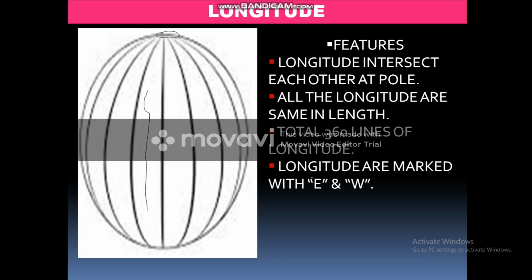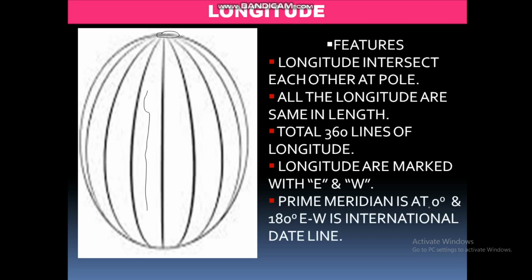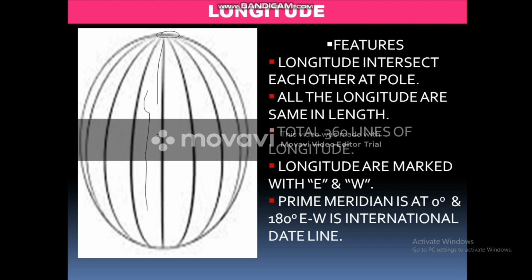Then longitudes are marked with the letters E and W. As we can see, those longitudes that fall in the eastern hemisphere are marked with the letter E, and those that fall in the western hemisphere are marked with the letter W. And the prime meridian is at 0 degree, that is the 0 degree longitude line. You can see this line in the picture.